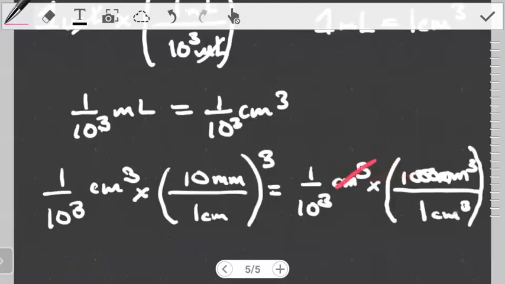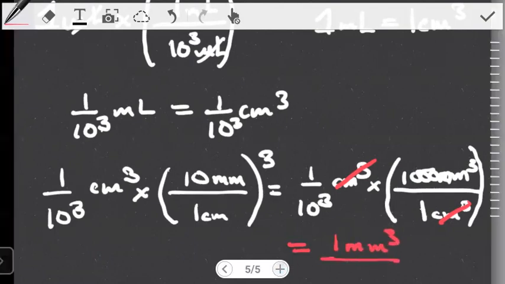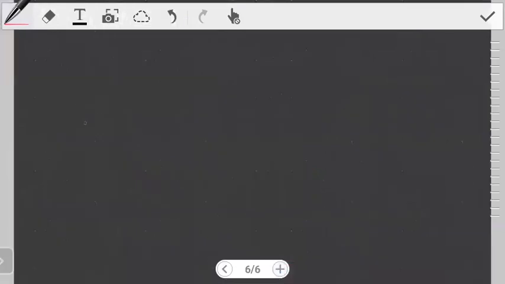The centimeter will go with the centimeter, and then now we're going to have 1000 millimeter cubic over 1000. So this will simplify to give us just 1 millimeter cubic. In other words, we're saying that 1 microliter is actually just equivalent to 1 millimeter cubic.